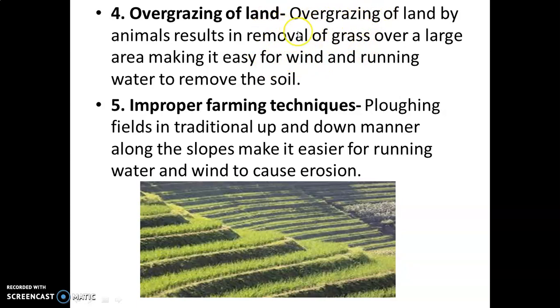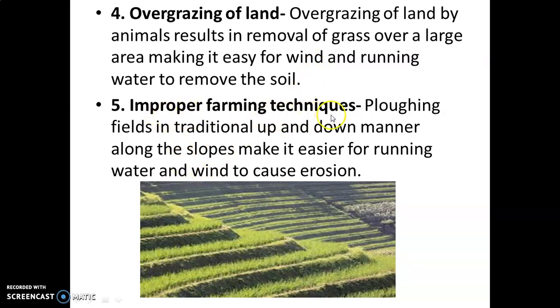Overgrazing leads to the removal of grass. Grasses will be totally absent. Again, the soil surface will become totally bare. No roots, no mechanism will be there to hold the soil tightly, and erosion will be maximum.